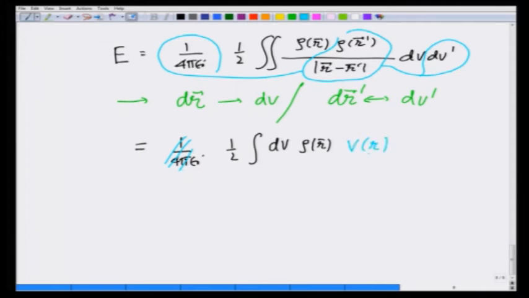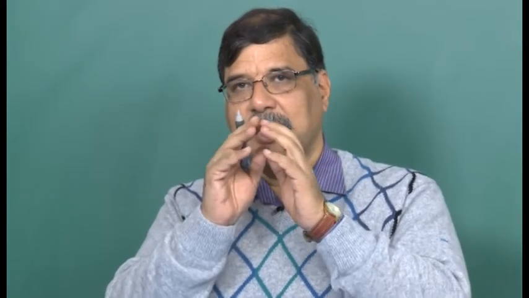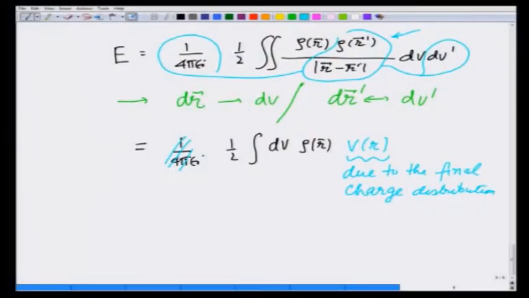But notice that this V of r is due to the final charge distribution. Just before this, when we solved for the energy, we first calculated V at r due to charge inside. Now, this V of r is the potential due to the final charge distribution, because what I am taking here, this rho, is the total charge density or charge density due to the full charge distribution.